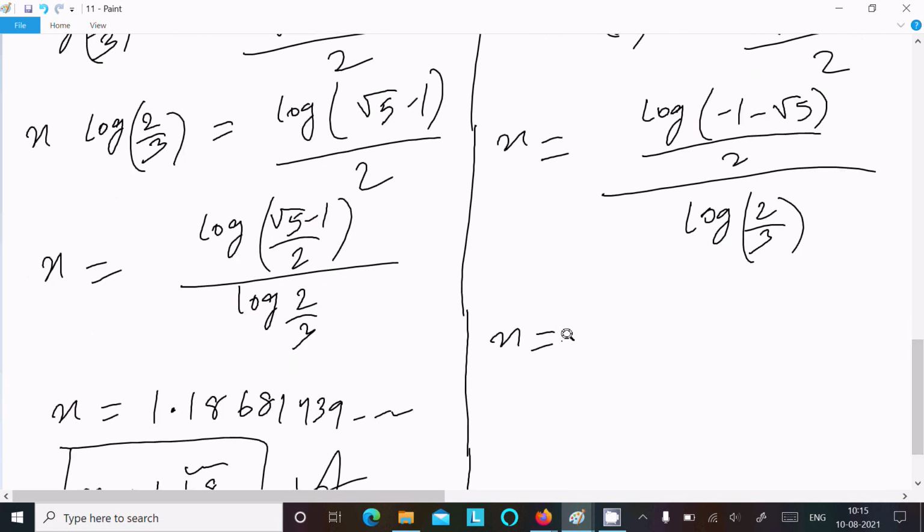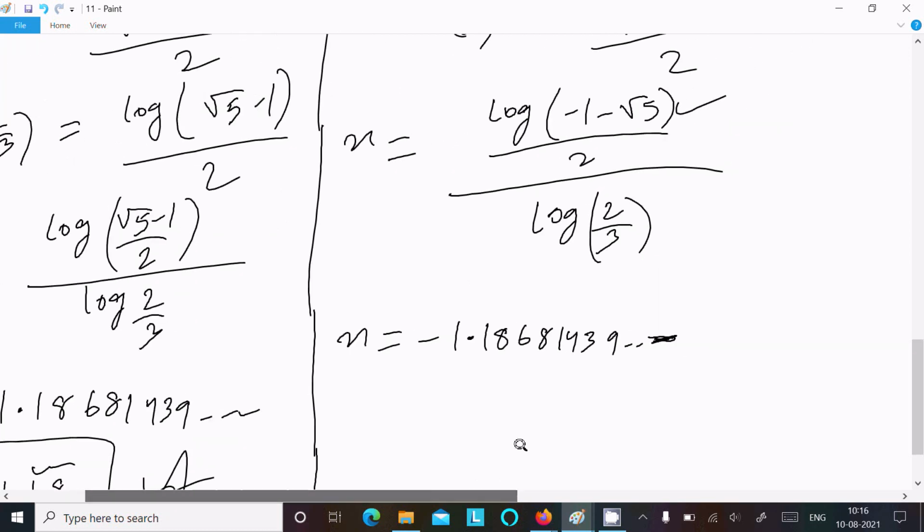If you use the calculator, you get this value with a minus sign: 1.18681439 and so on, and thereafter, for the imaginary number, we should write 7.7481 and so on, and in the last you should write i.